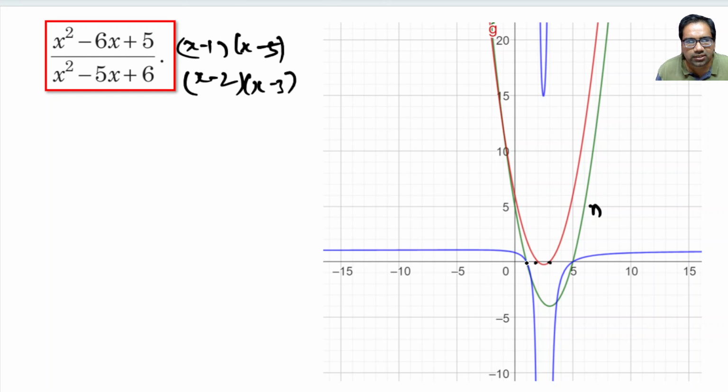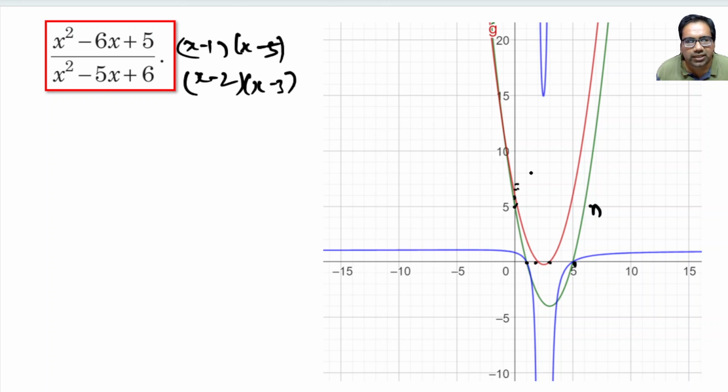The green one, the numerator, is touching the y-axis at 5, and this one is touching the y-axis at 6, somewhere here.